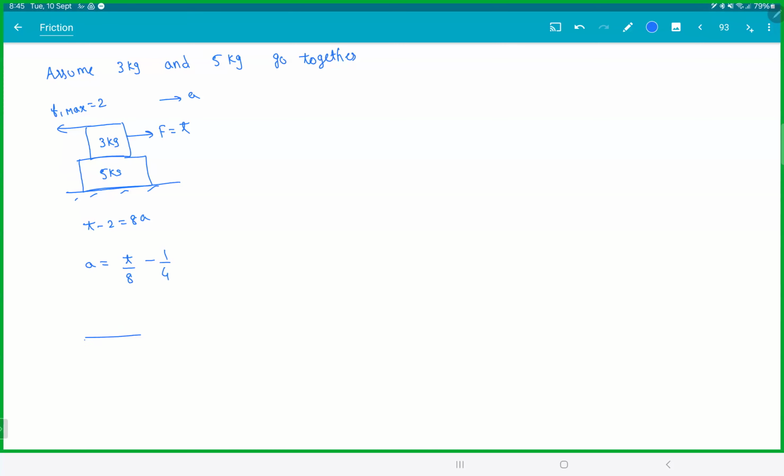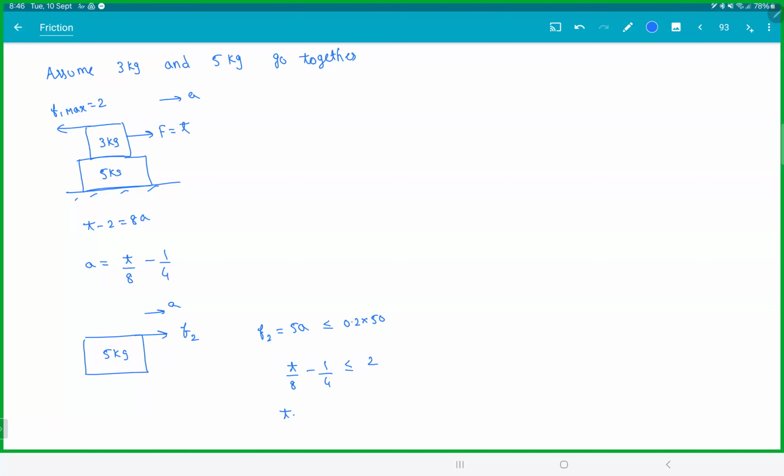Then take the 5 kg block. This would be F2 and acceleration. F2 is equal to 5a, less than or equal to 0.2 into 50. So t by 8 minus 1 by 4 is less than or equal to 2.